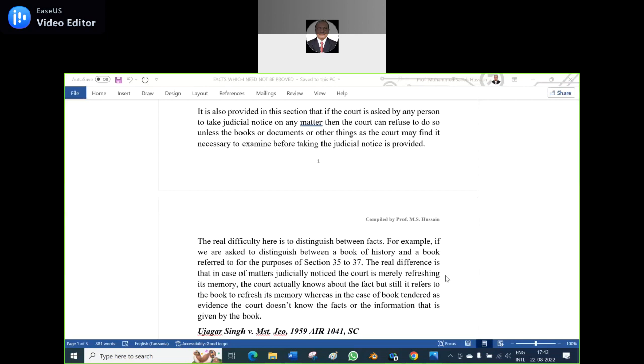Suppose the court takes the judicial notice of it, then why does the court again want the book? Yes, anyone? Refreshing its memory. Refreshing the memory, it is clearly mentioned. See, when you are giving a 162 statement to refresh the memory, the statement will be given to the witness. Am I right?